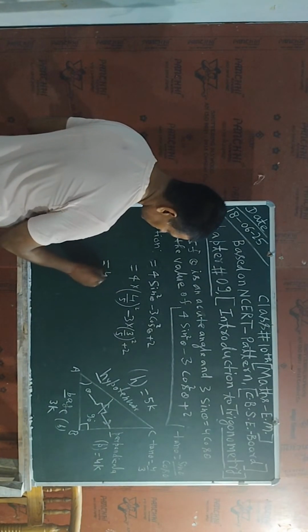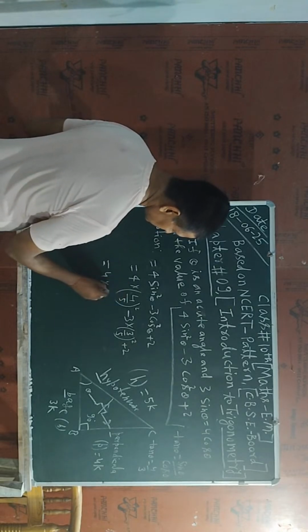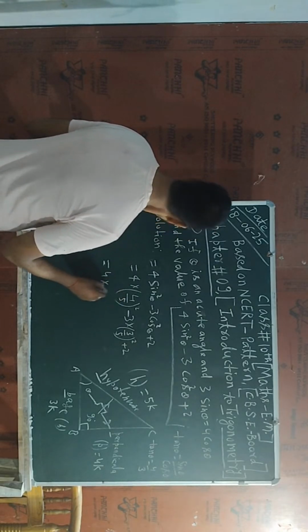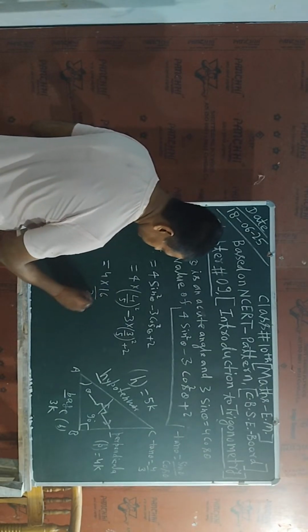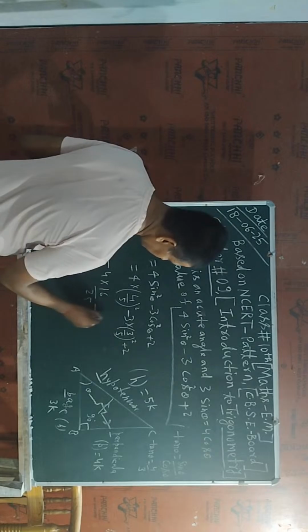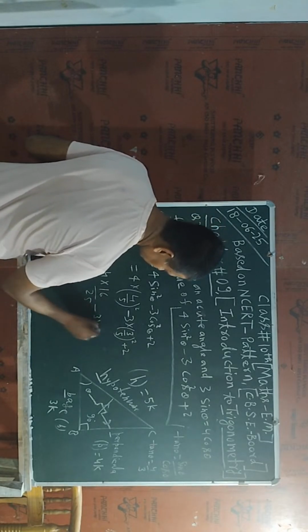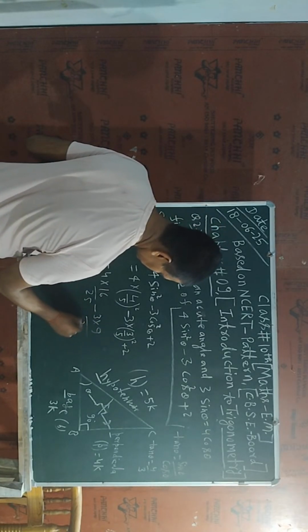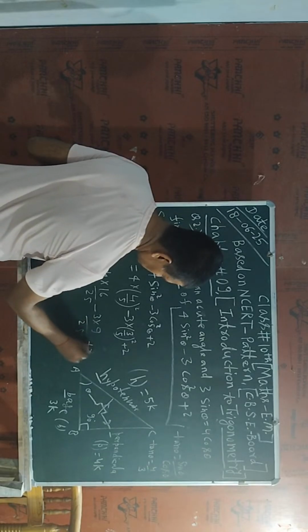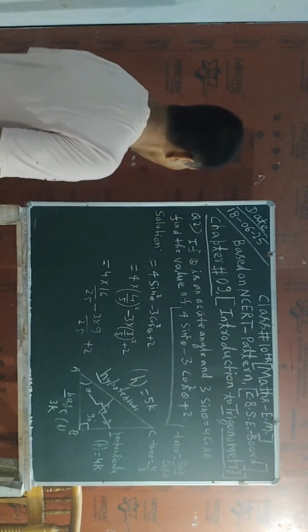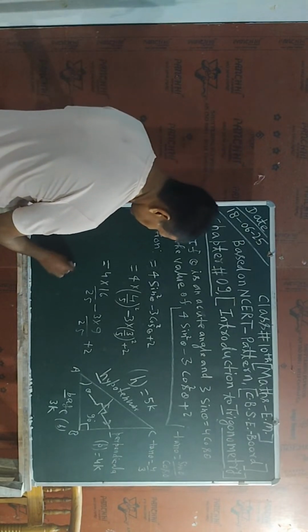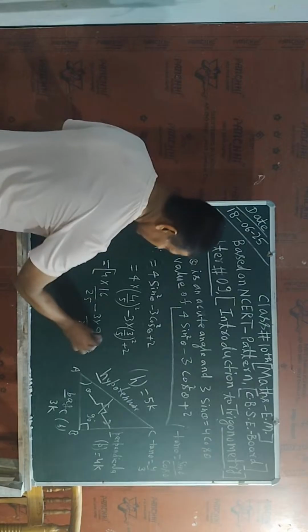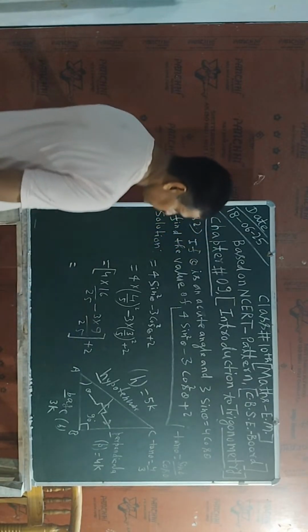After erasing, I will simplify. 4 into 4 will be 16 divided by 25. Again here I will write 3 into 3 is 9 divided by 25 plus 2. Again I will simplify these two terms further, and after simplifying I will add with 2.